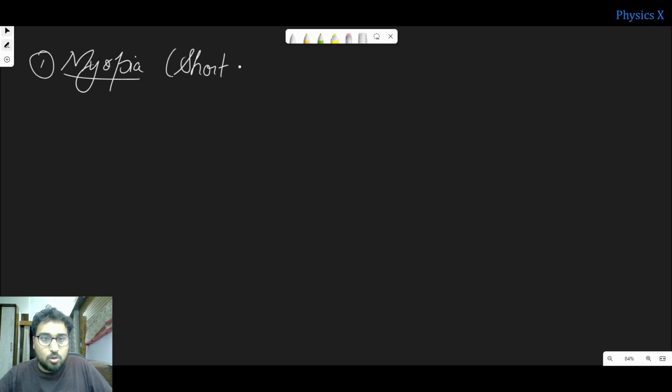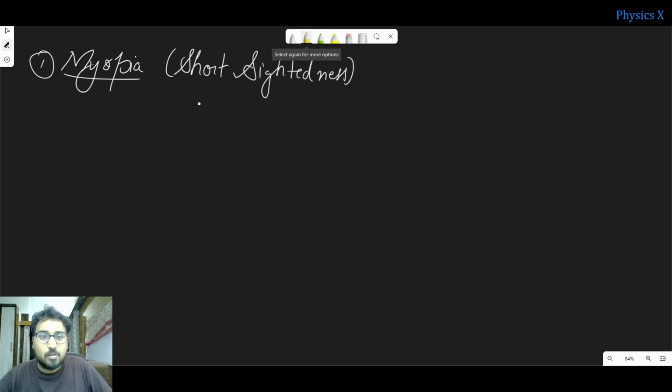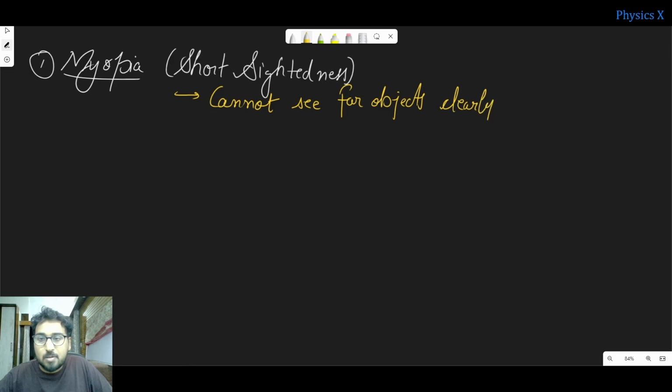Short sightedness means that the person cannot see far objects clearly. So what will happen in this defect of vision? A person suffering from this type of defect cannot see far objects clearly.